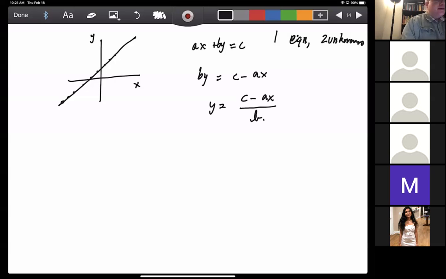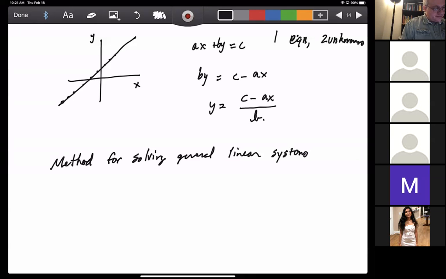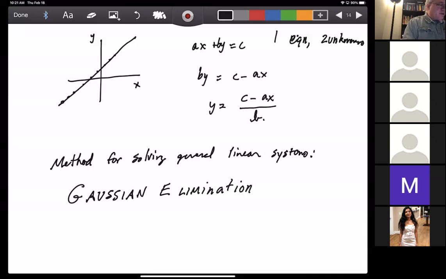So there is a method called Gaussian elimination, which will let you solve linear systems.